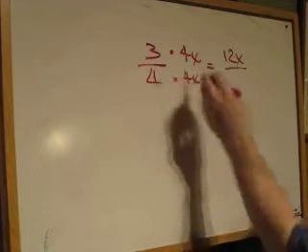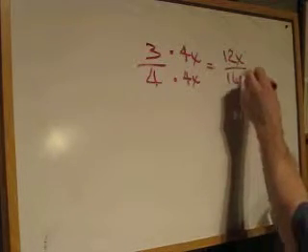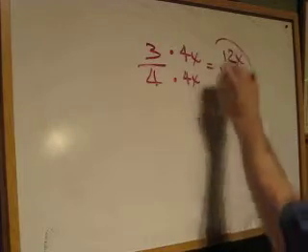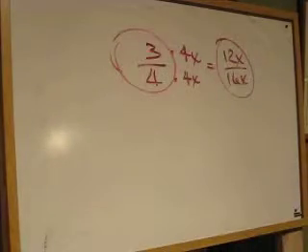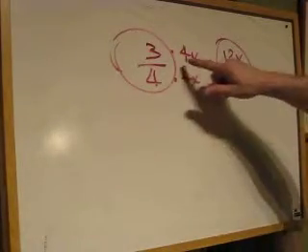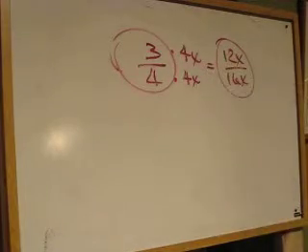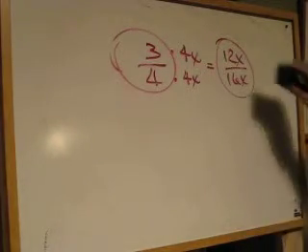So that's 12x. 4 times 4x would be 16x. So this is equivalent to this, because we multiplied the top and bottom by the same term, or the same number. So that's how we go from one fraction to another, and have an equivalent.